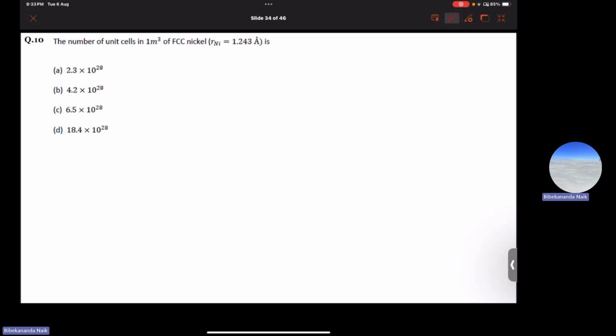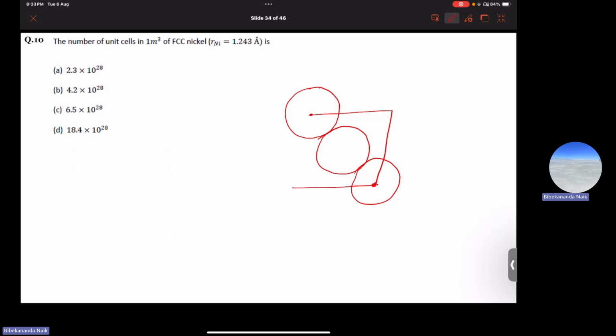One will be like this, another like this, another like this. This is the actual face of a face centered cubic crystal.